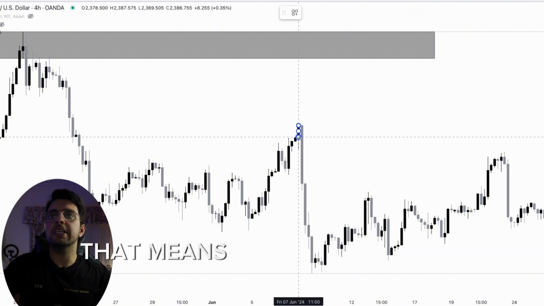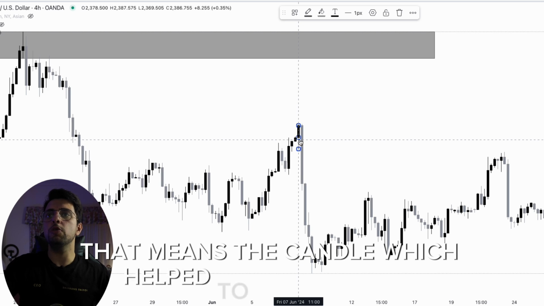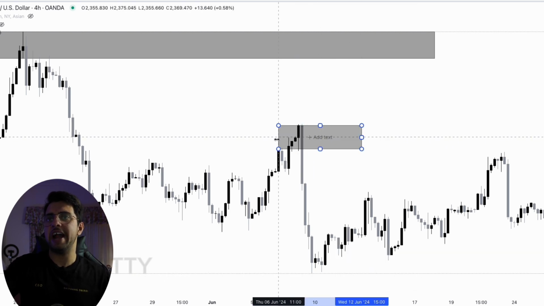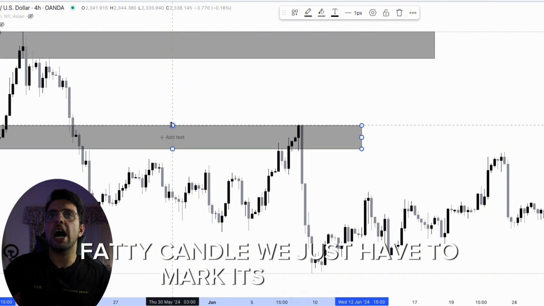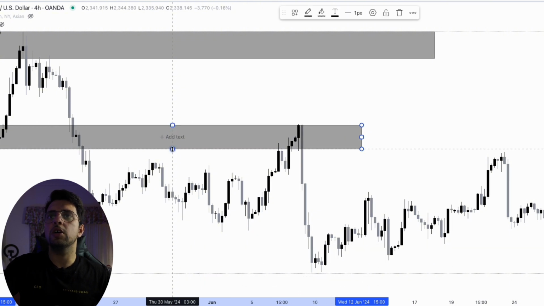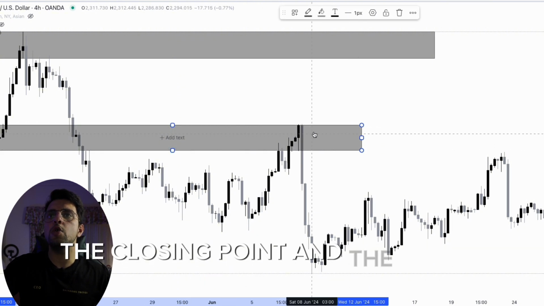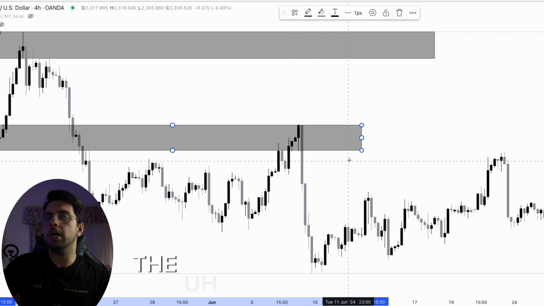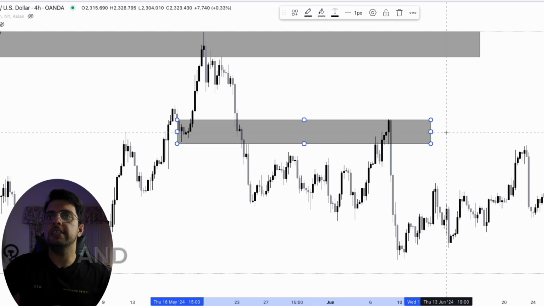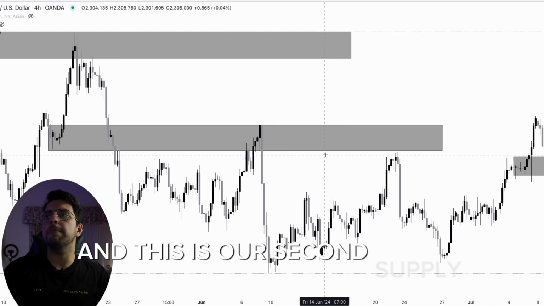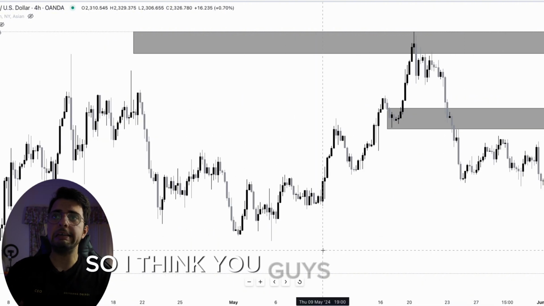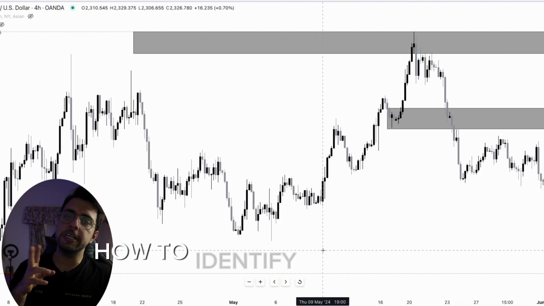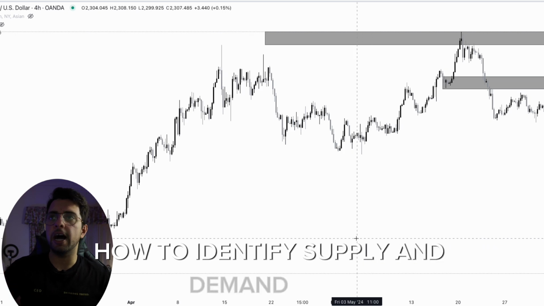That means the candle which helped to form this big fatty candle, we just have to mark its higher high, the closing point, and the lower low, the finishing point, and this is our second supply zone. So I think you guys are clear how to identify supply and demand zones.